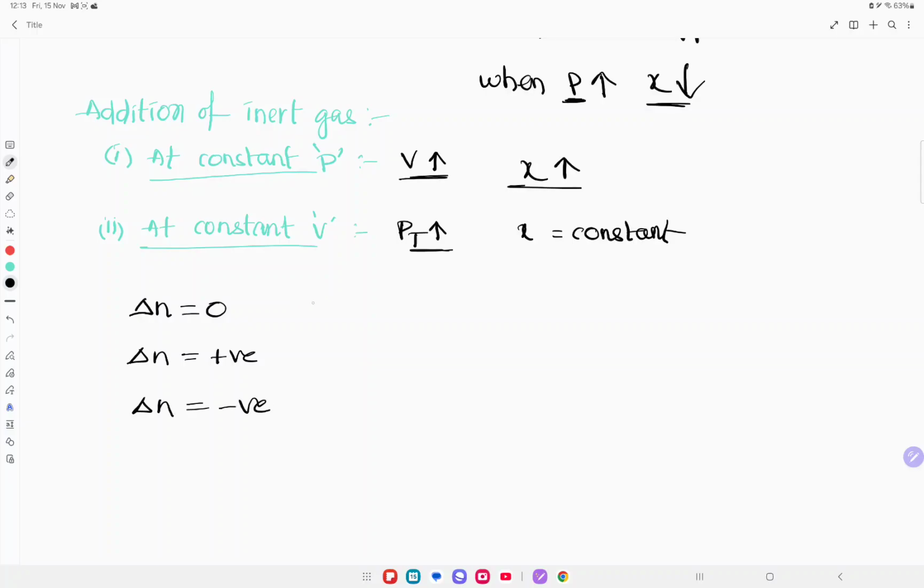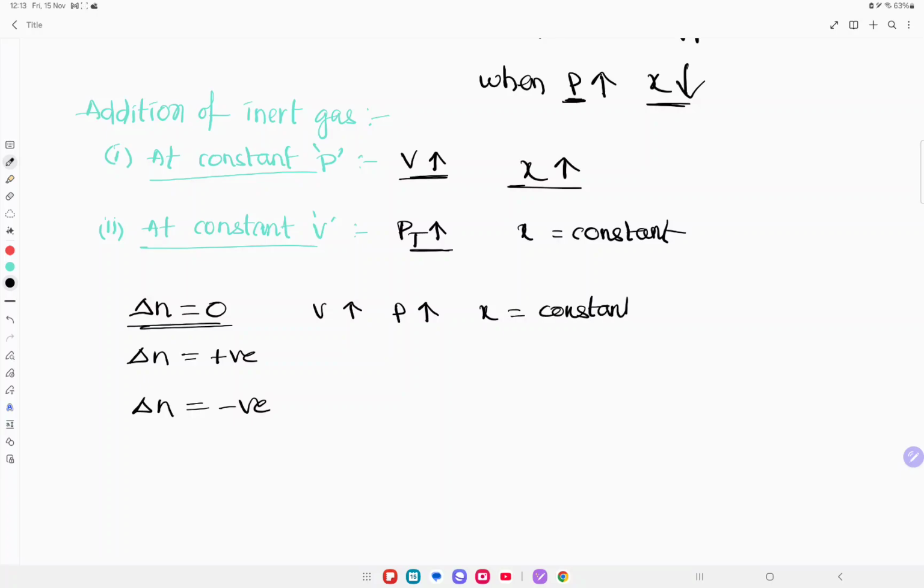In the first case, delta n is equal to 0: when volume increases or pressure increases, or volume decreases, pressure decreases, x is constant.